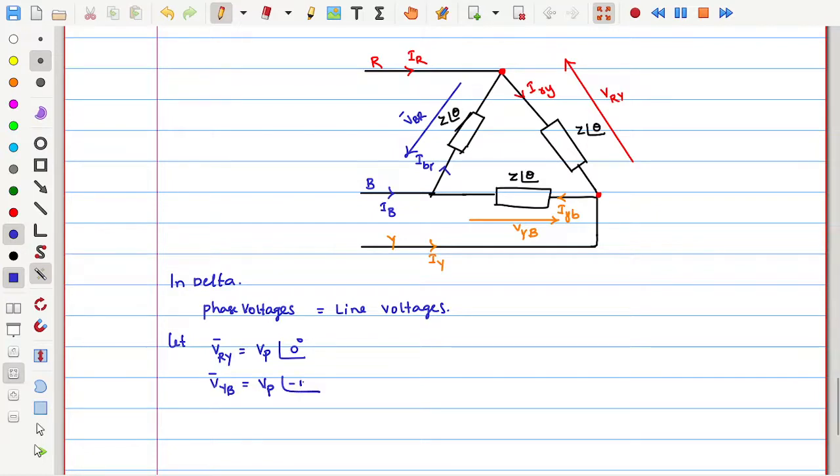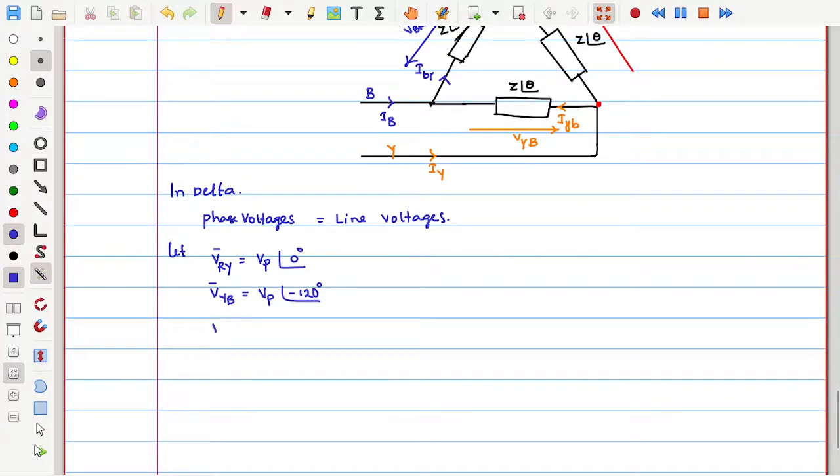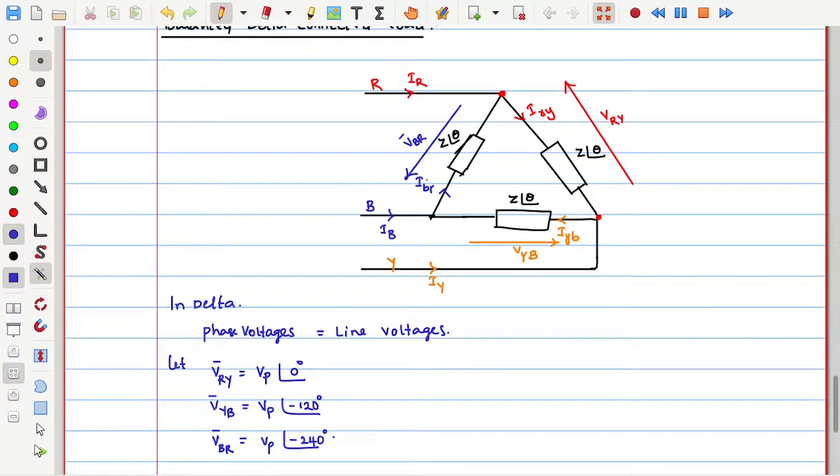Angle will be minus 120 degree. Similarly, VBR is equal to VP at an angle of minus 240 or plus 120. Now observe that we know all phase voltages of these three phase load. Can we find its corresponding currents?